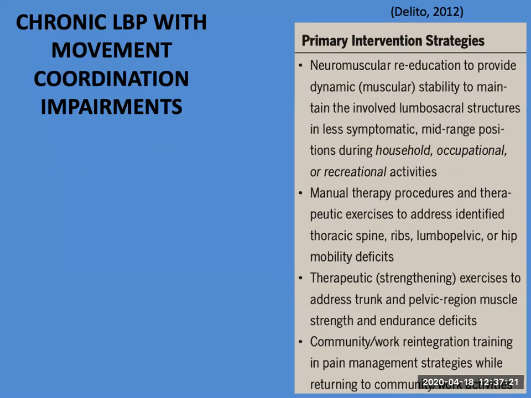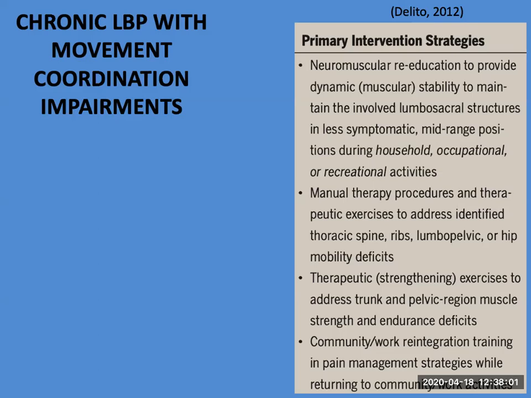So intervention strategies, again, really focusing on neuromuscular reeducation. Are you noticing a theme here? Manual therapy procedures as well, targeted where we find mobility deficits. So you might be more inclined towards our gentle oscillations if we're talking about hypermobile segments in the lumbar spine, and really focusing towards stretch type mobilizations or manipulations potentially, as long as we don't find hypermobility, maybe in the thoracic spine, or stretch mobilizations in the hips.